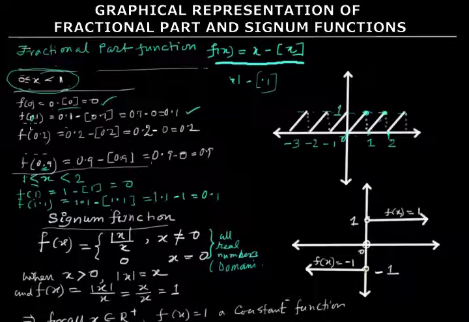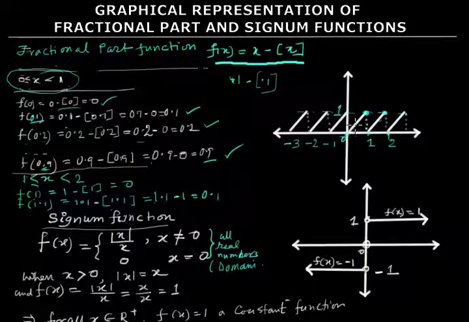So when x is 0.1, y is also 0.1. If x is 0.2, then 0.2 minus [0.2], and [0.2] is 0, so it is again 0.2. If it is 0.9, the value is 0.9. So it behaves like an identity function. For all x between 0 and 1, f(x) also lies between 0 and 1.